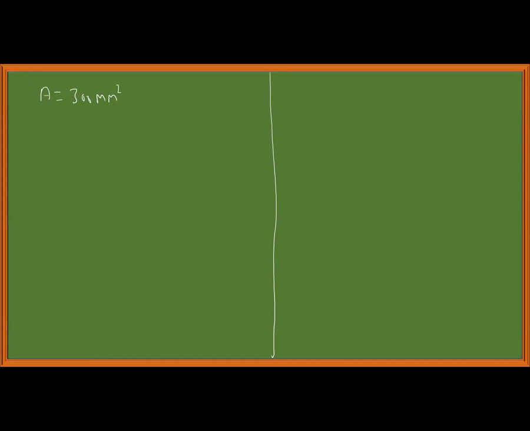Find the total elongation of the bar, delta L total, and the magnitude of load P, if Young's modulus E is given as 83 GPa, that is 83 into 10 power 9 Newton per meter square, or 83 into 10 power 3 Newton per mm square. The problem is like this.